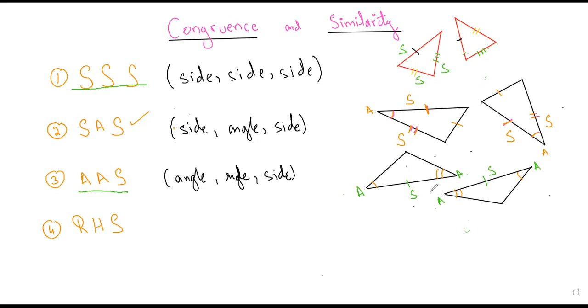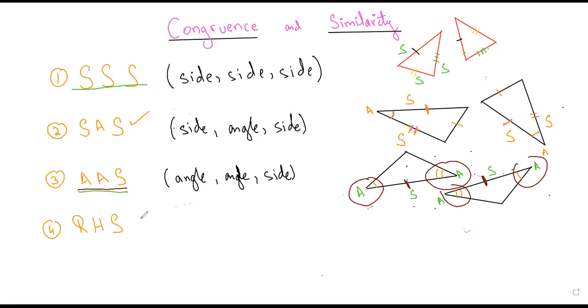We need to think about the size as well for two triangles to be congruent. But since AAS is telling us that if these two angles are the same, and the side is also the same, then through AAS we can say that these two triangles are congruent.